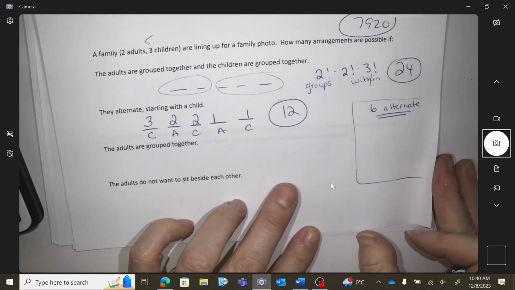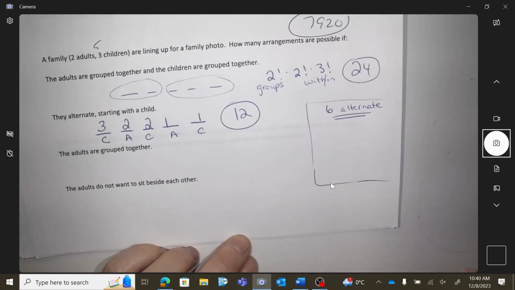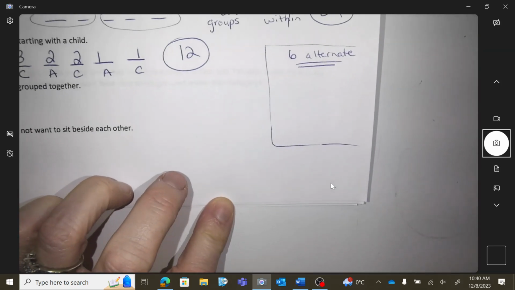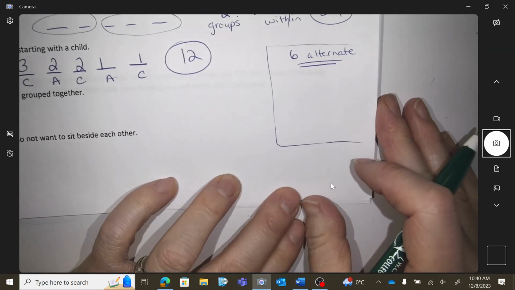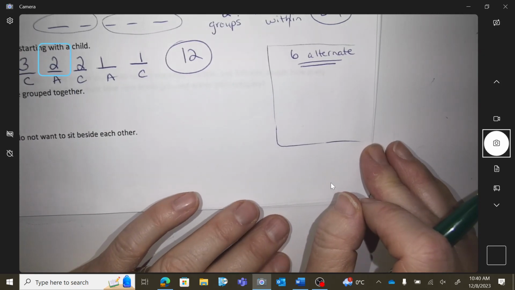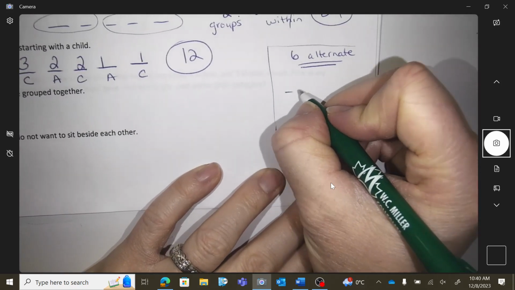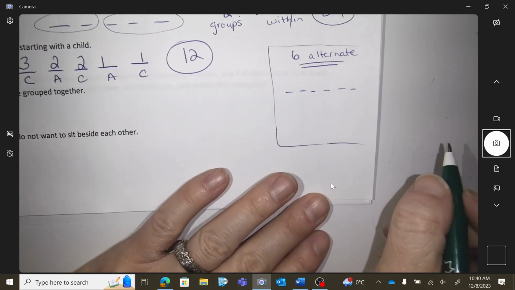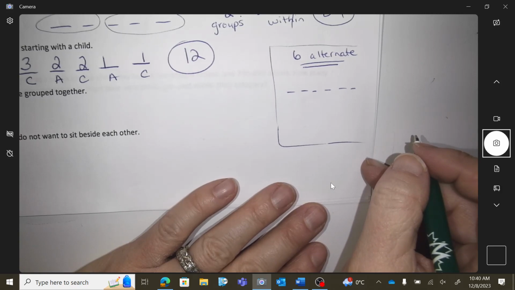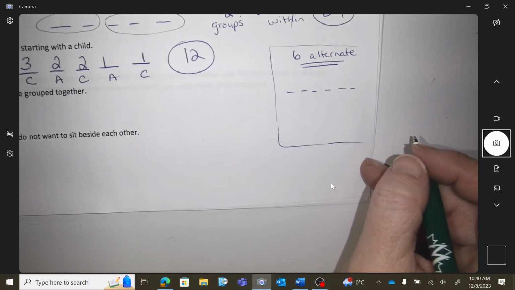Okay, I just want to do a sidebar over here. What if I had said I want to alternate with 6? Let's just say 3 adults and 3 children are sitting beside each other. Okay? So in this situation, it doesn't tell you who you're starting with.